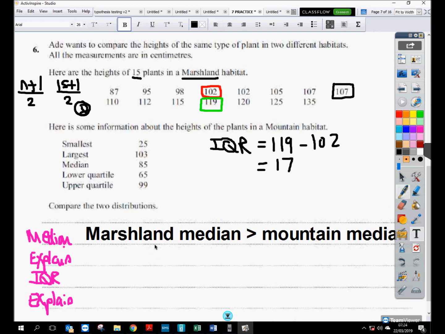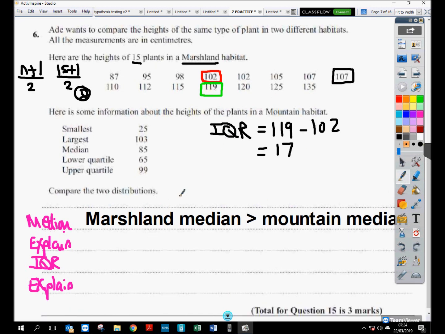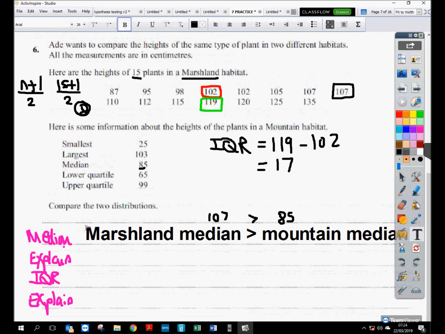It's fine to write it like that. If you want to quote the numbers, that's fine as well. 107 is greater than 85. Yeah. Now, what does that mean? These are heights of plants. If the median is higher in marshland, then that means that on average the plants are taller.